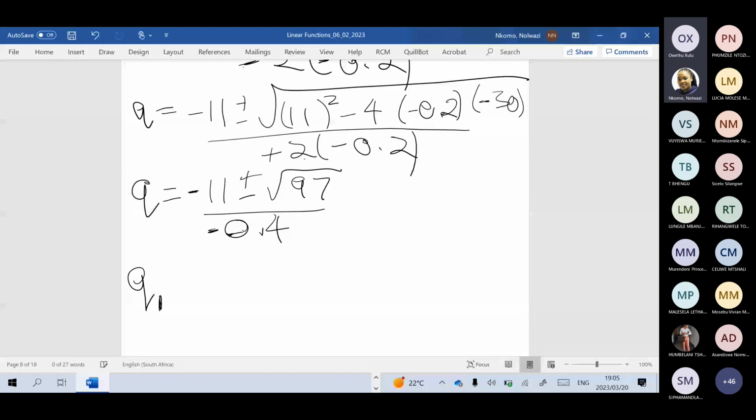Okay, these are our Q values at break even.